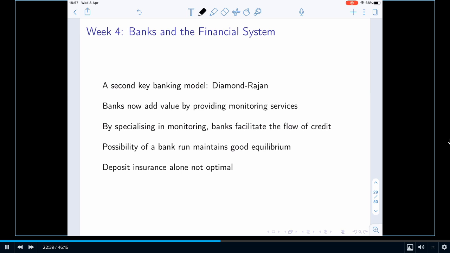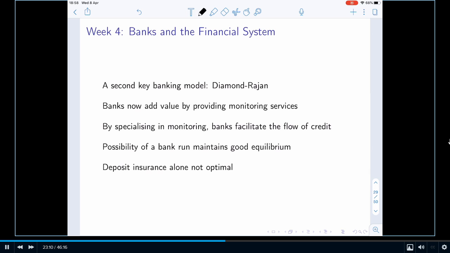Because banks specialize in monitoring, they're better at it. If depositors, or people who would potentially be investing directly in projects, channel their money through banks, they're able to tap into the higher level monitoring expertise that banks have. This makes them more comfortable investing larger amounts of money into projects, facilitating the flow of credit in the economy.